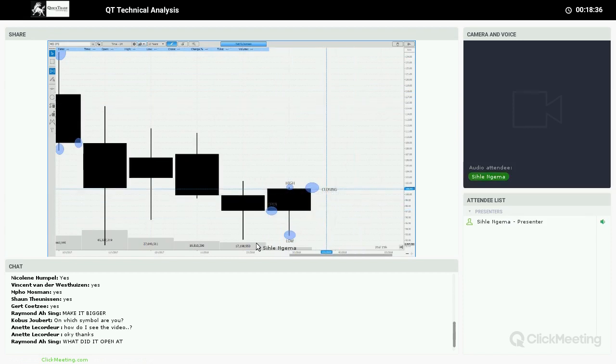Now I have my candlesticks. Let me delete my previous analysis of the bars, and I will leave the circles right here. Now, as you can see, I'm still on the current month's candle.